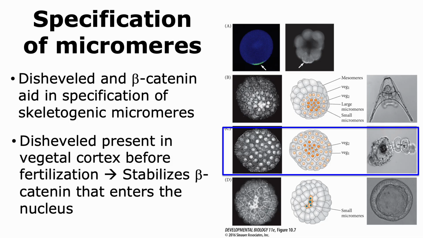Ectodermal structures are not formed. On the other hand, if we do not allow beta-catenin to enter the nucleus and we block that process, embryonic development doesn't occur at all, so no larva is formed. And thus, we know that disheveled and beta-catenin play an important role in the specification of the micromeres.